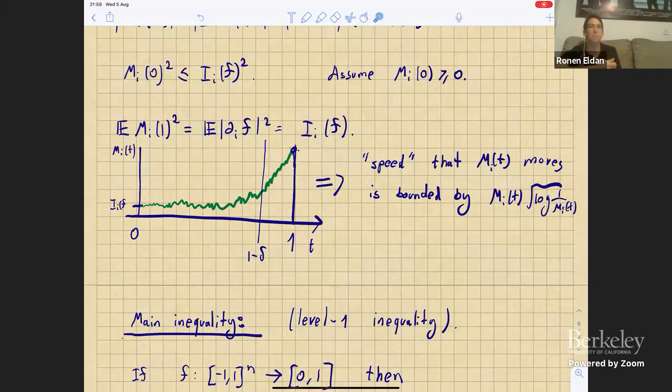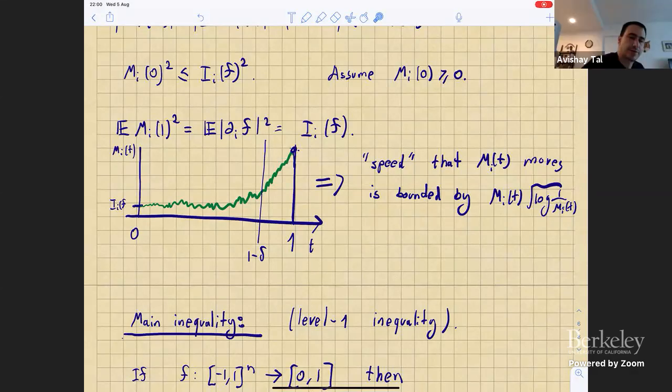If the influence is big, there's nothing to show. But if the influences are small, the level 1 inequality translates to the fact that it is stuck in place as long as it's small. Only near time 1 can things explode and our martingale is allowed to move.